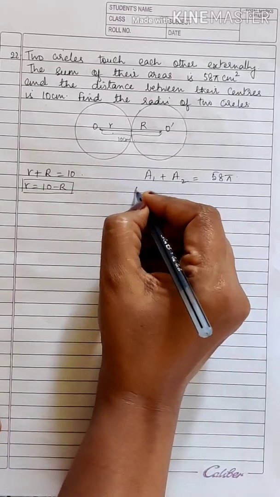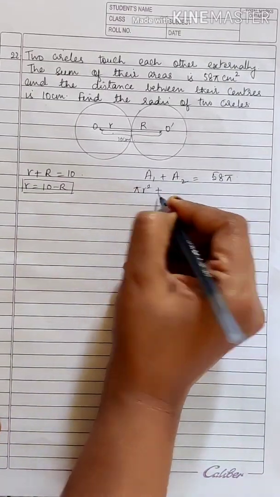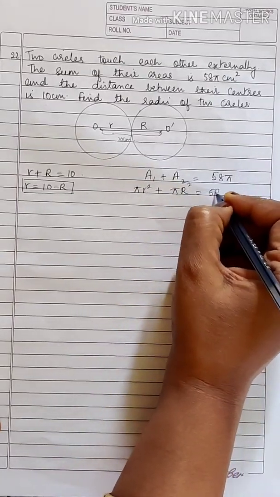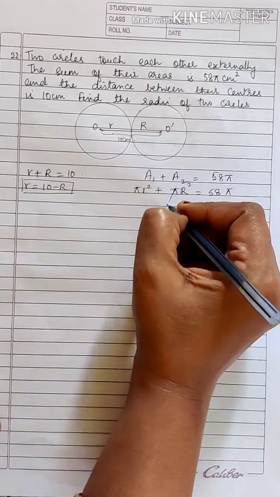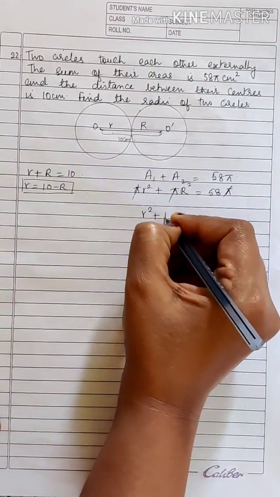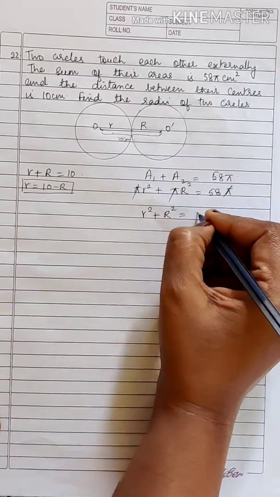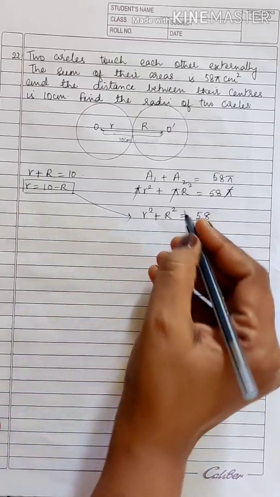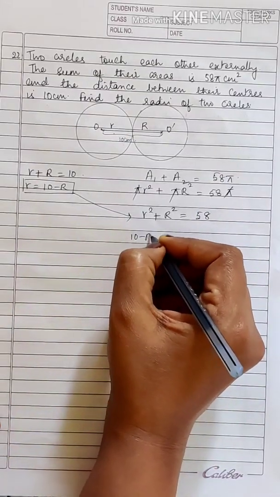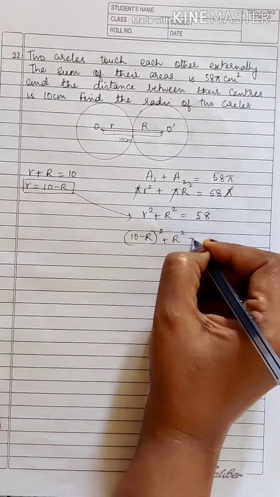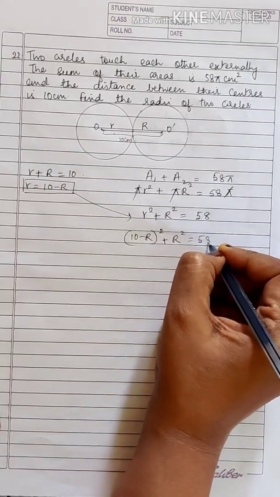So this will become pi r square plus pi capital R square is equal to 58 pi. Pi and pi gets cancelled. So you get r square plus capital R square is equal to 58. Now substitute the value of R here. You get 10 minus r the whole square plus r square is equal to 58.